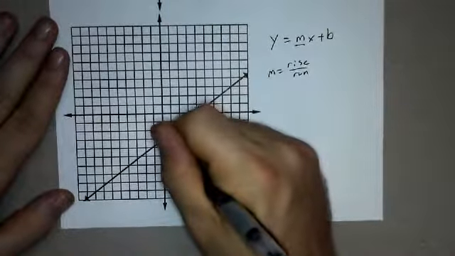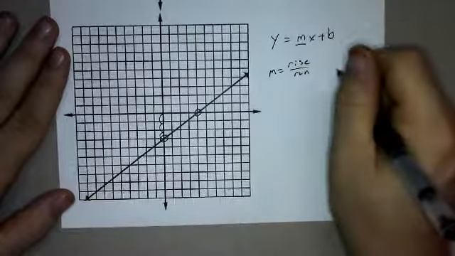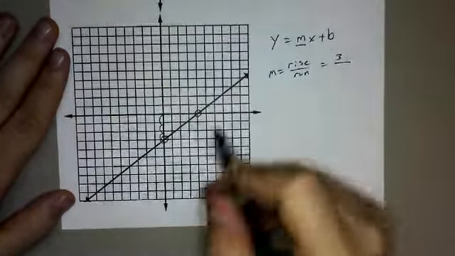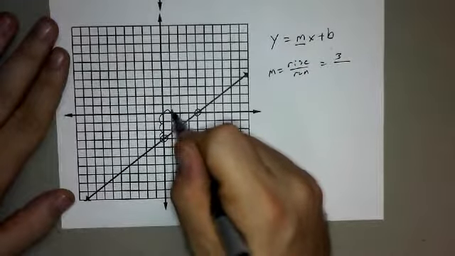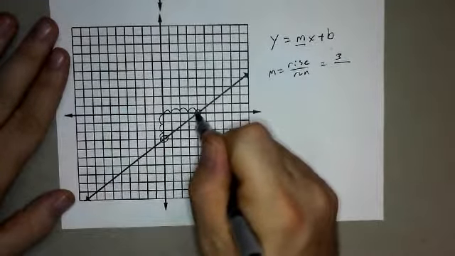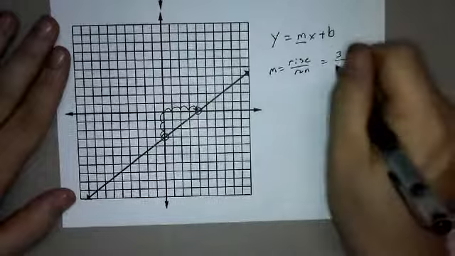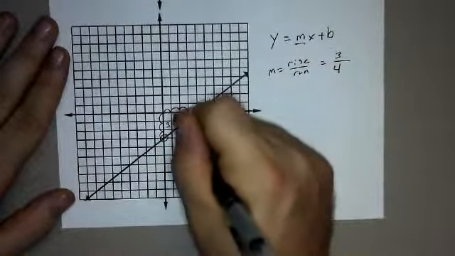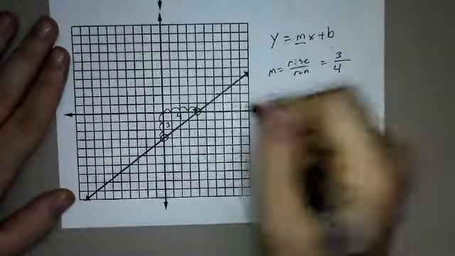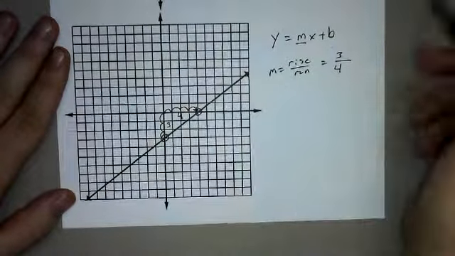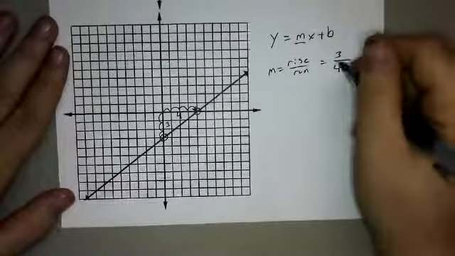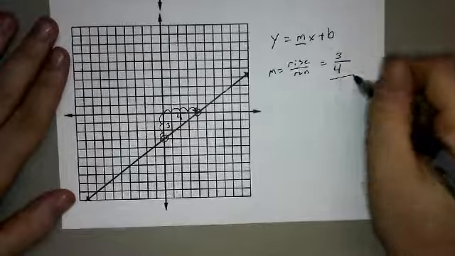And I'm rising 1, 2, 3. So I went up 3. And I'm running 1, 2, 3, 4. So I went 3 up and 4 over. My line is going up to the right, so I know that this is positive, and so m must equal 3/4.